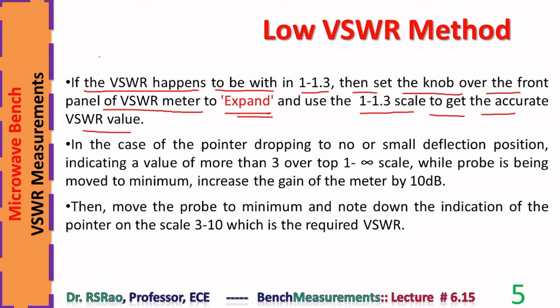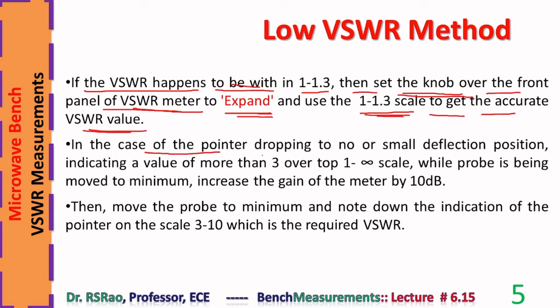It is difficult to get the exact VSWR value because of this congestion. To eliminate the inaccuracy that results from this congestion, when VSWR is between 1 and 1.3, set the knob over the front panel of the VSWR meter to expand and use the 1 to 1.3 scale to get the accurate VSWR value.